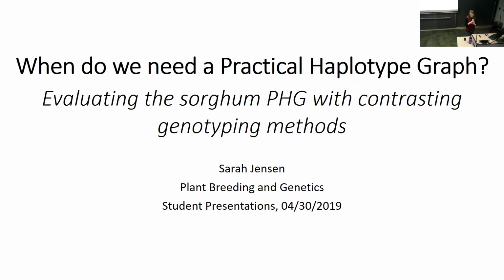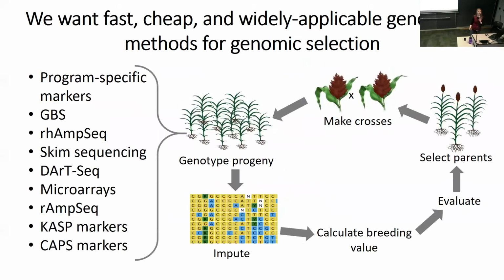Okay? So to start out, we have our nice genomic selection scheme on the right here. In any GS scheme, we have this point where we need to genotype the progeny population. And we have a lot of options for genotyping. This list on the left is absolutely not an exhaustive list, but it does list some of the possibilities that we have.